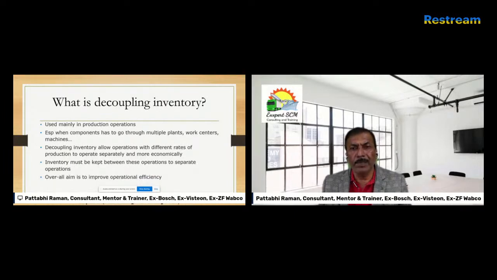The idea of keeping the decoupling inventory is to improve operational efficiency. If you are an inventory manager, you may know that it is a conflicting objective for inventory management, because here, by way of improving operational efficiency, you are trying to build additional inventory.